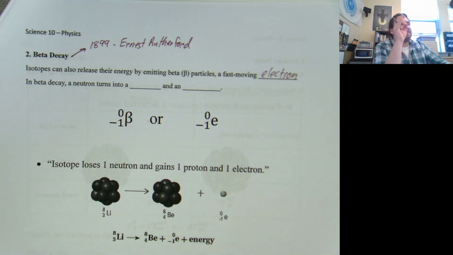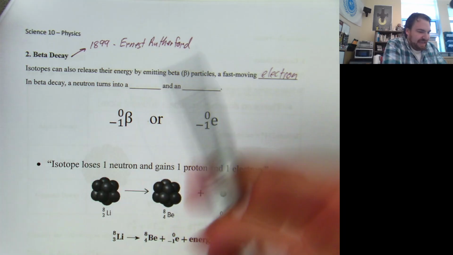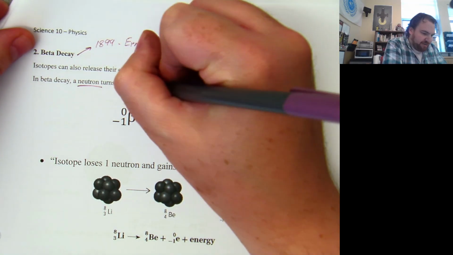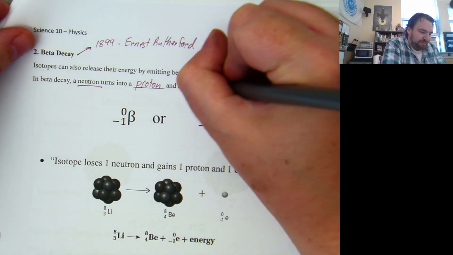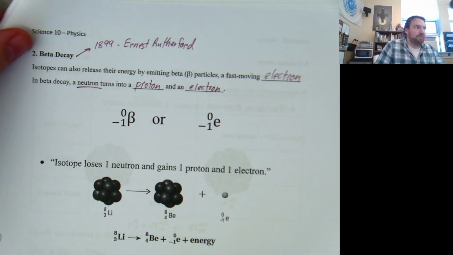And this is not the same as becoming an ion, because becoming an ion means losing an electron too. Look at what happens here. In beta decay, a neutron in the nucleus of an atom turns into a proton and an electron. This is weird.